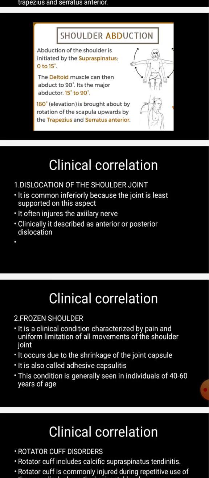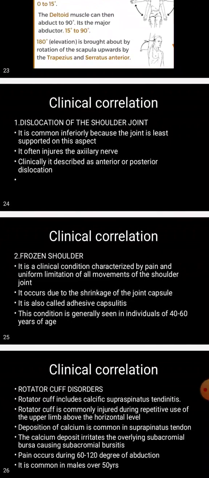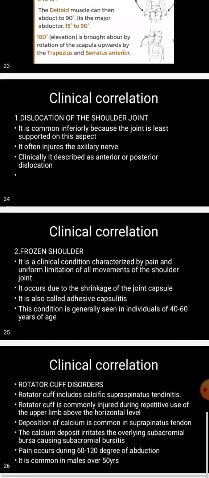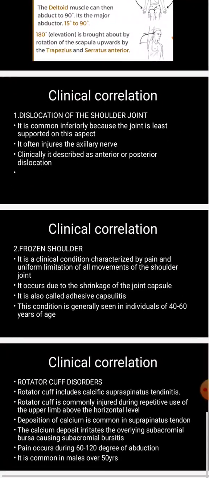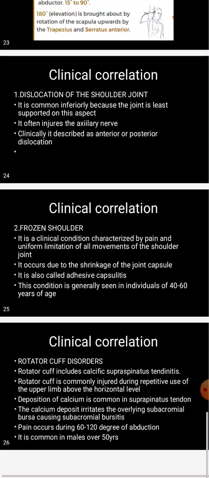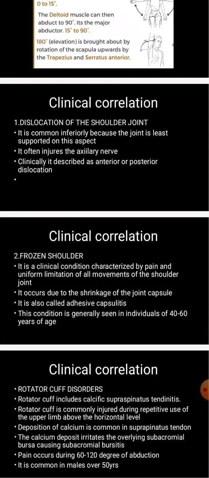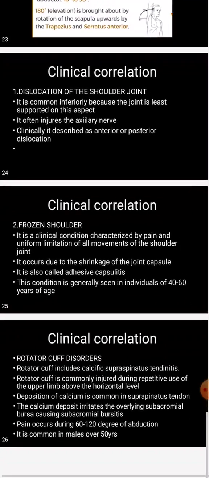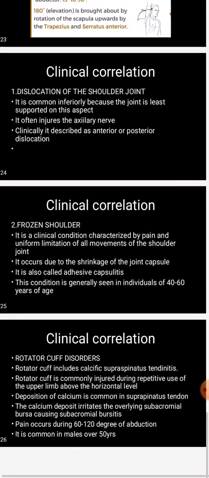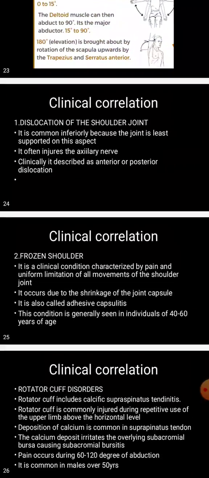Now coming to the second clinical correlation, frozen shoulder, which is a very common condition seen in persons aged 40 to 60 years. It is a clinical condition characterized by pain and uniform limitation of all the movements of the shoulder joint.